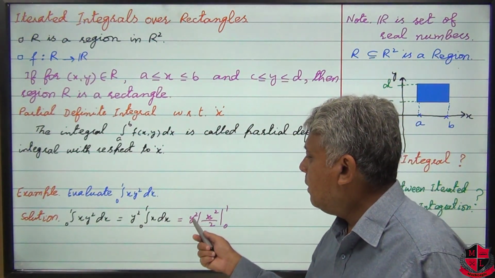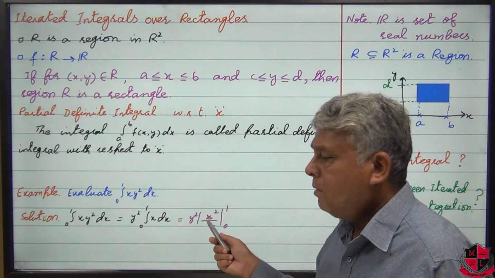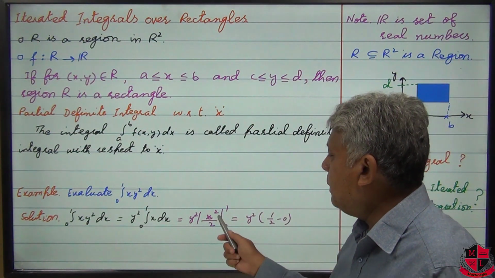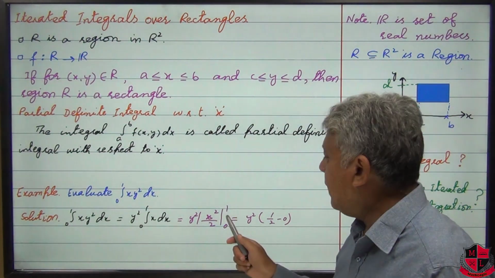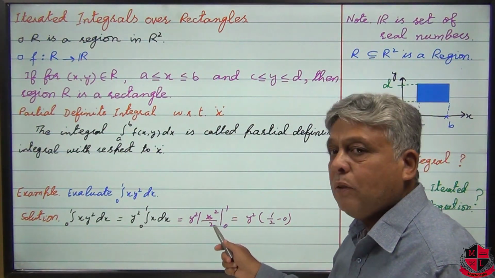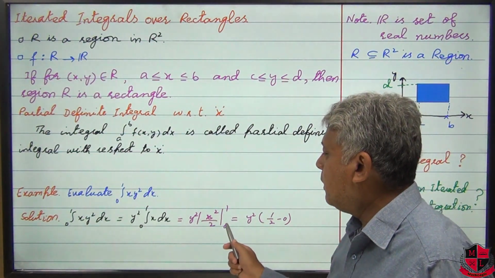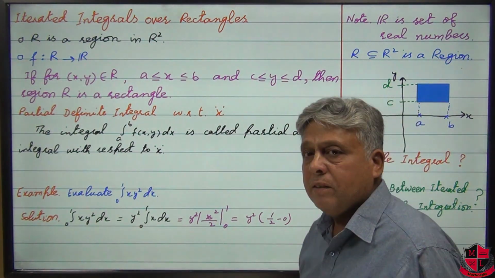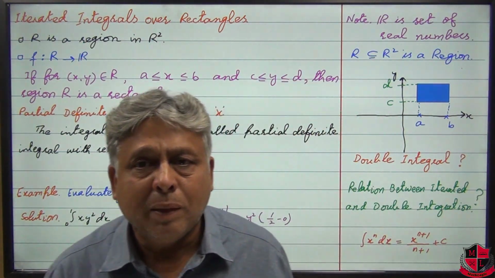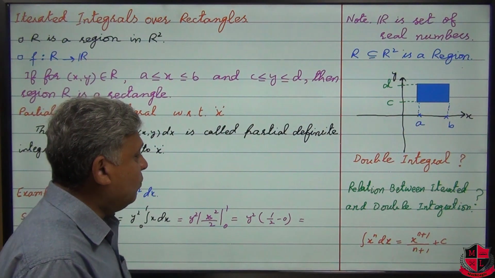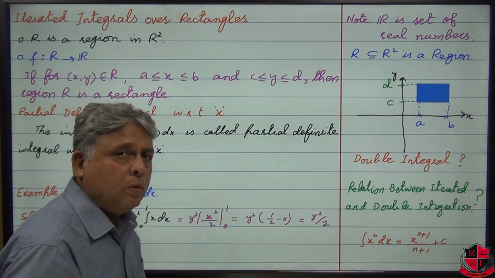This y square is outside, so keep it as a constant y square. Replace x by the upper limit 1, so 1 square by 2, that is 1 by 2, minus replace x by 0, minus 0, and 1 by 2 minus 0 will be 1 by 2. The answer is y square over 2.